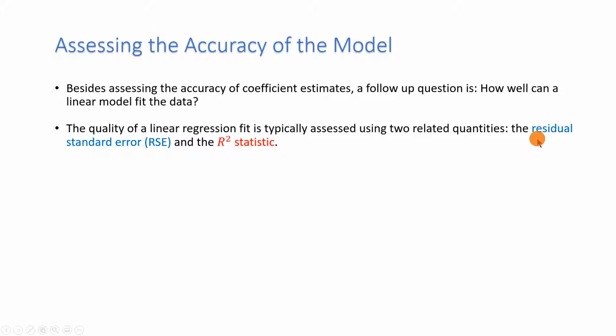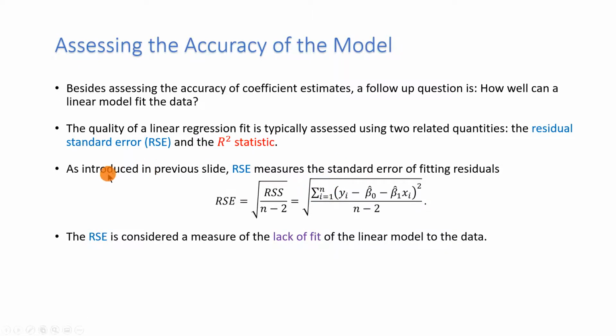Okay, the first one is called the residual standard error, or RSE for short. Okay, and another very helpful quantity for assessing the accuracy of the model is called the R-squared statistic. So first, I will introduce what the residual standard error is.